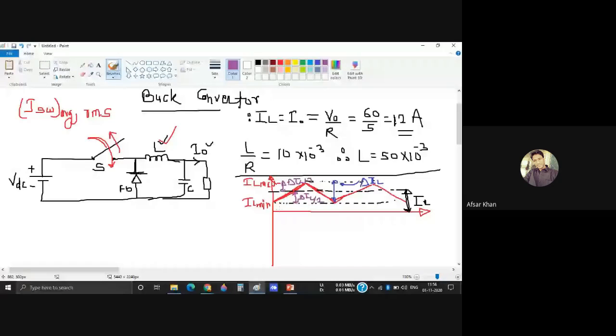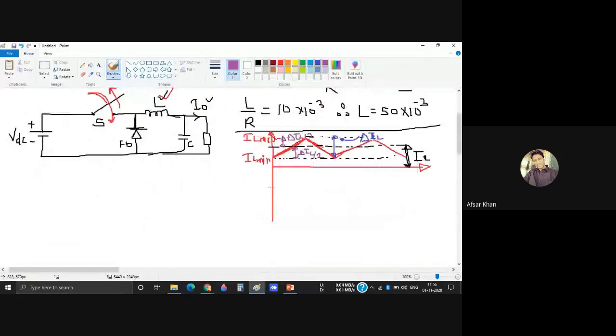That's it. Now I will draw the switch current. Yes, I will draw the switch current here. When will current flow through the switch, when the switch is on or when it is off?